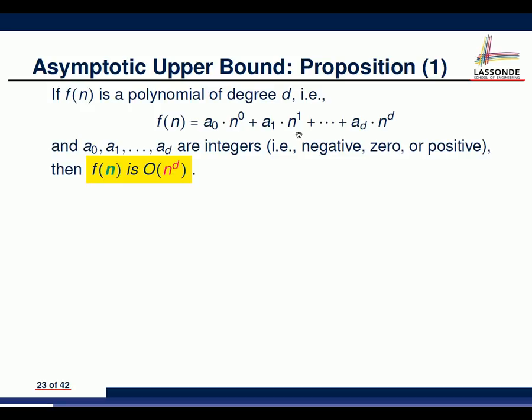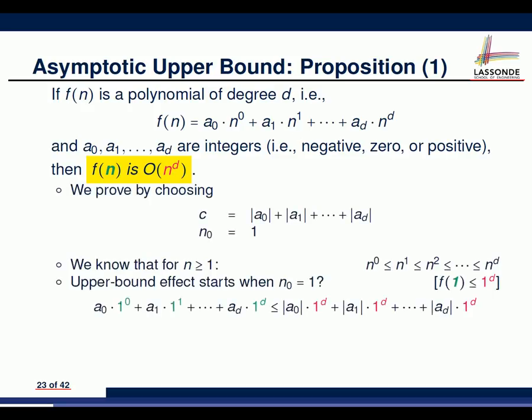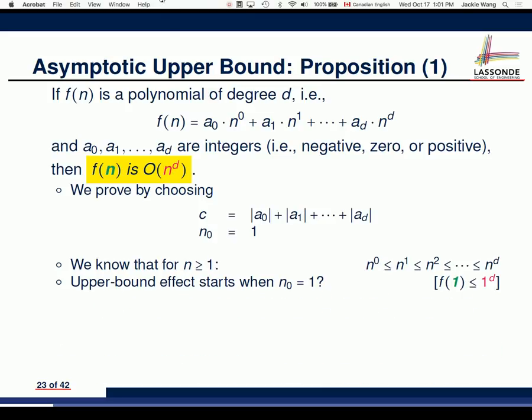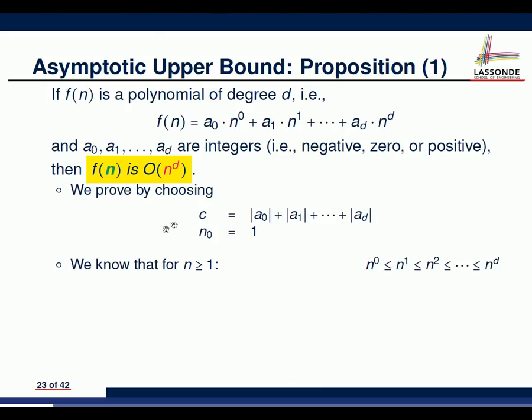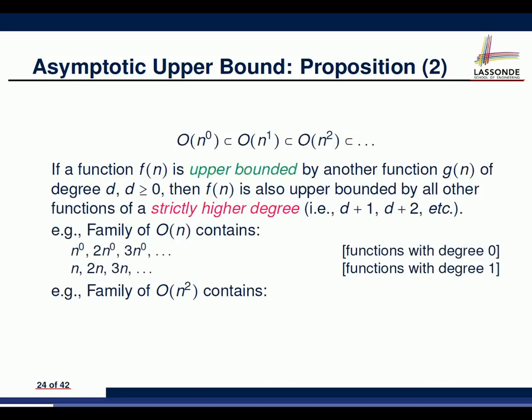And here's the proof. The way you prove it is by choosing a C with the absolute value sum of all the multiplicative constants. And then N0, almost 99% of the time, should just be 1. There might be exceptions. So the example we did last time was the exception case.